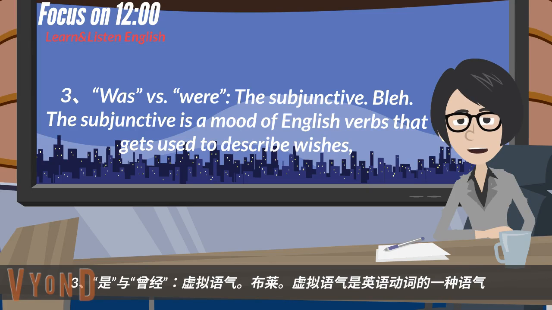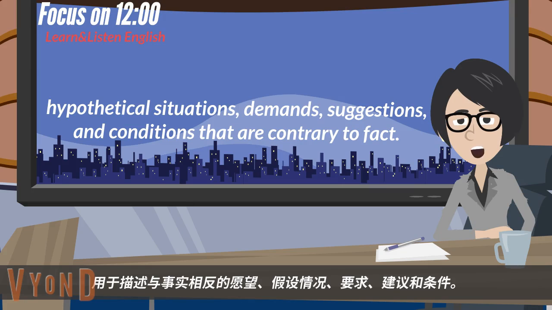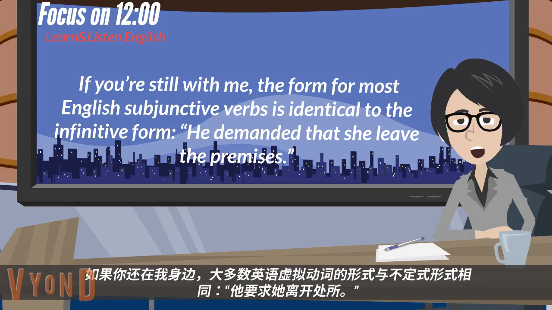3. Was versus were. The subjunctive. The subjunctive is a mood of English verbs that gets used to describe wishes, hypothetical situations, demands, suggestions, and conditions that are contrary to fact. If you're still with me, the form for most English subjunctive verbs is identical to the infinitive form.